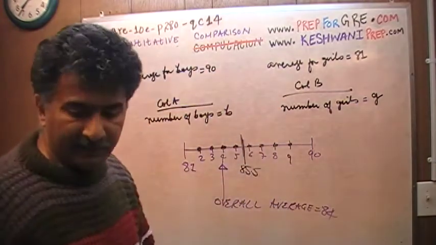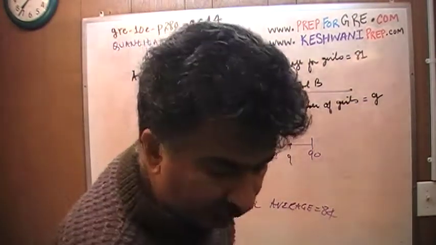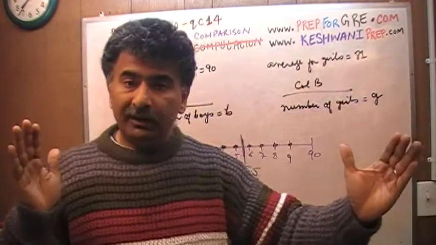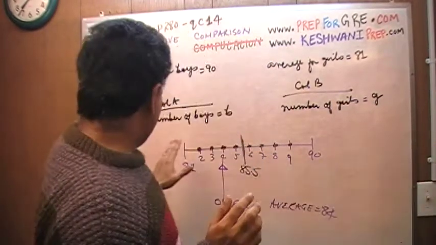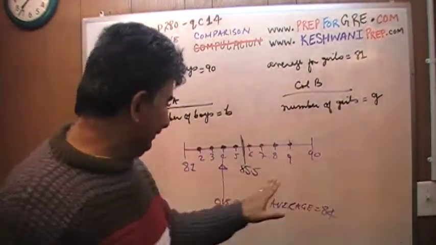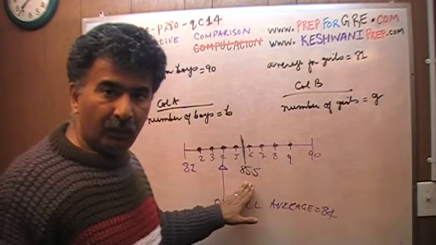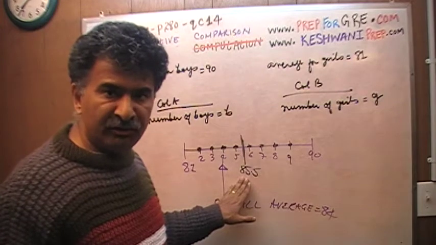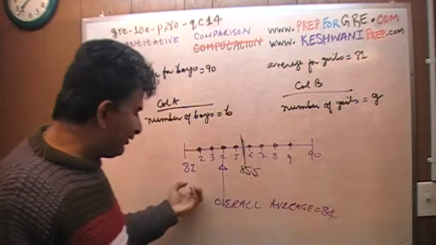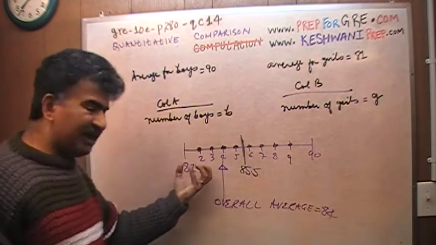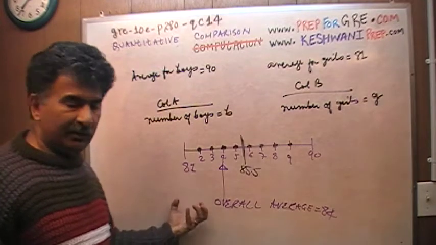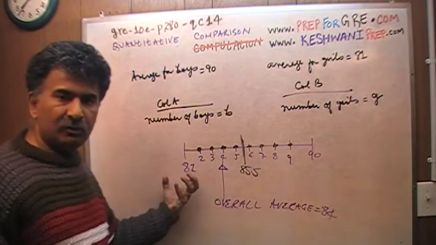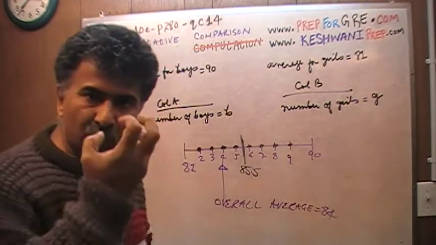The fact that they're telling us that the overall average is 84, not halfway through 81 and 90, which is 85.5, or even if you made a mistake and ended up saying inadvertently 85, you still should have realized that 84 is towards the lower end, which tells me there are more people scoring 81. There are more people at the lower end scoring the lower score who are pulling the score down.